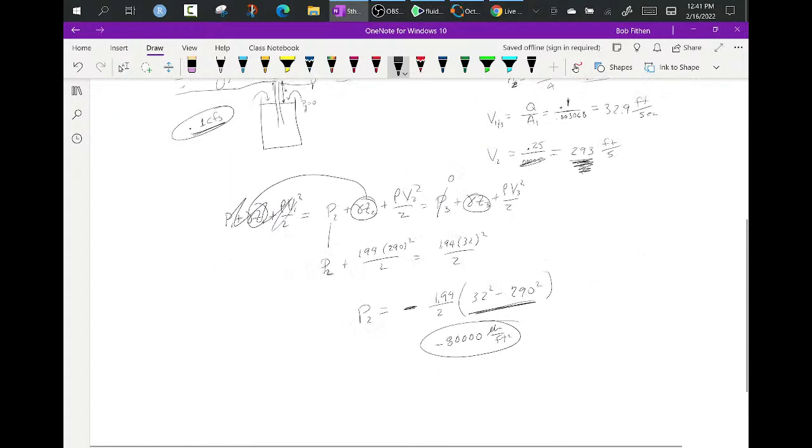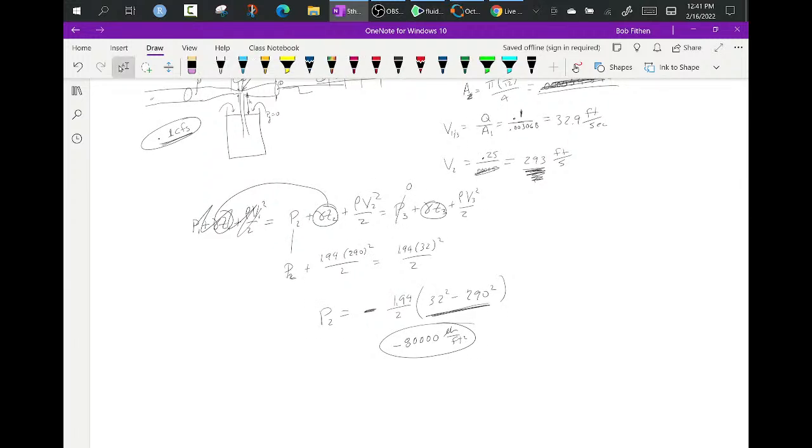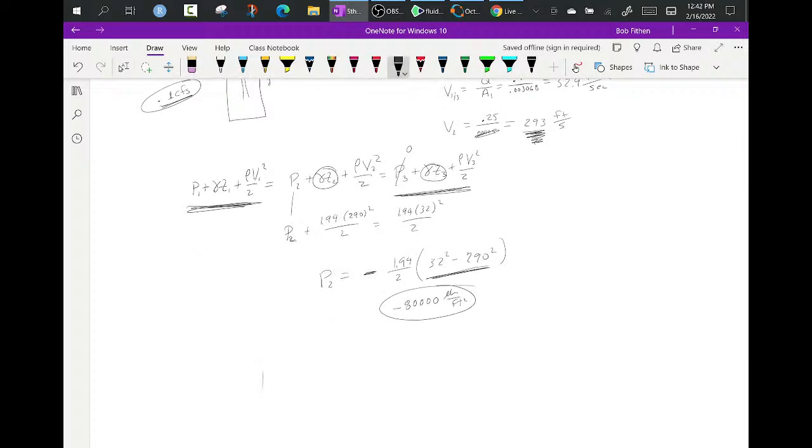The math tells you one thing, but let's look at one other very important factor here. If I now write between 1 and 3, I find out something interesting. P1 plus gamma Z1 plus rho V1 squared over 2 is equal to P3 plus gamma Z3 plus rho V3 squared over 2.